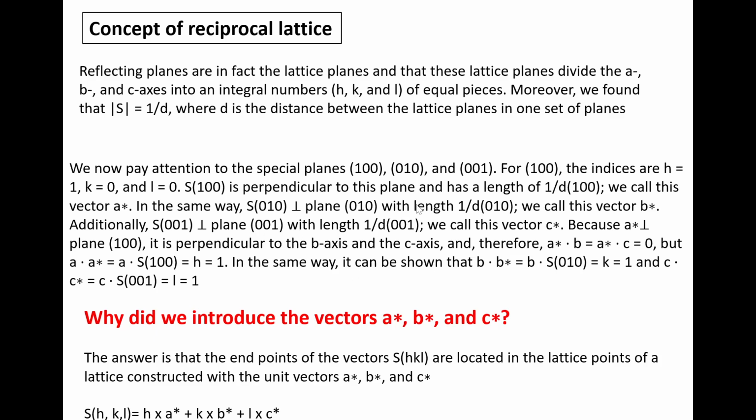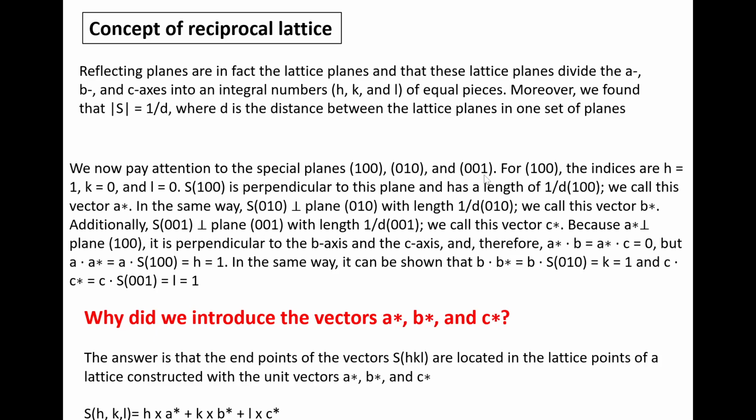Okay, that we have seen also in the last class, and we will also see it when we discuss the Ewald sphere in the next slide. Since all these vectors are basis vectors, S100 is a basis vector, S010 is a basis vector, as well as S001.